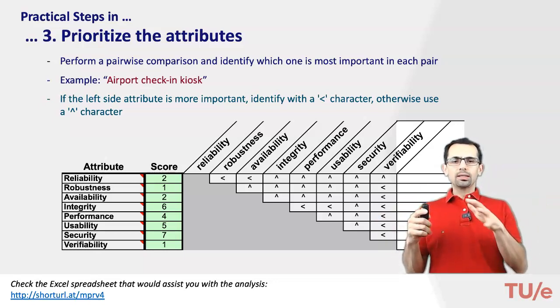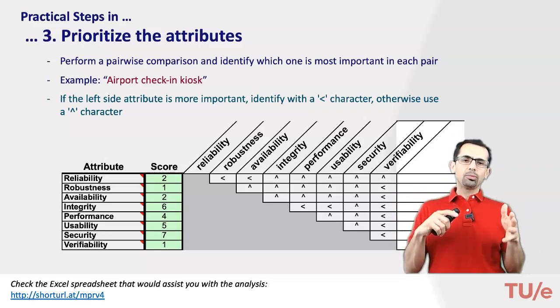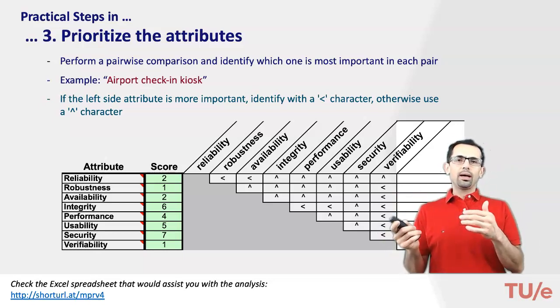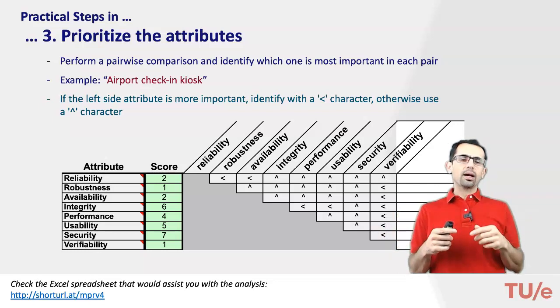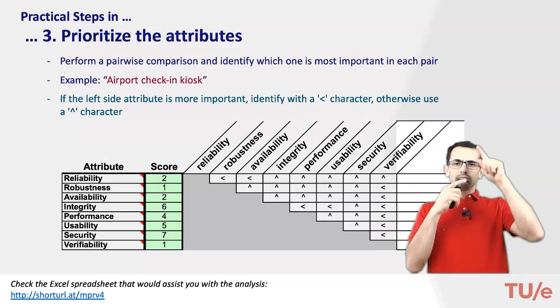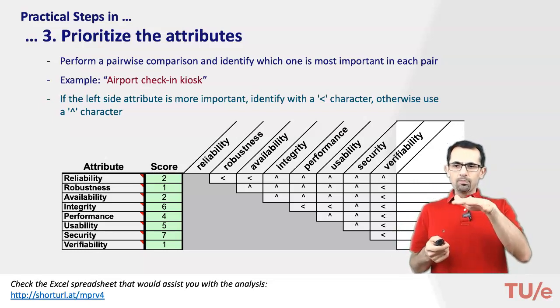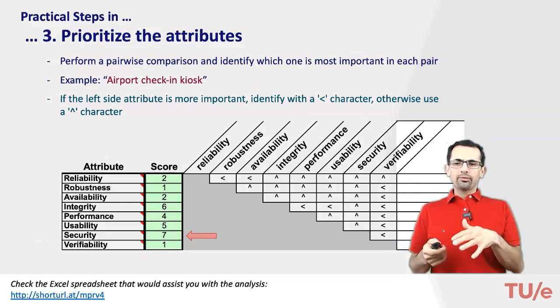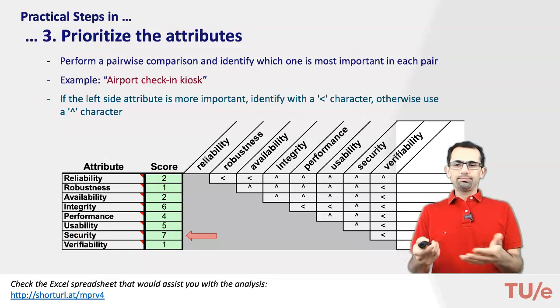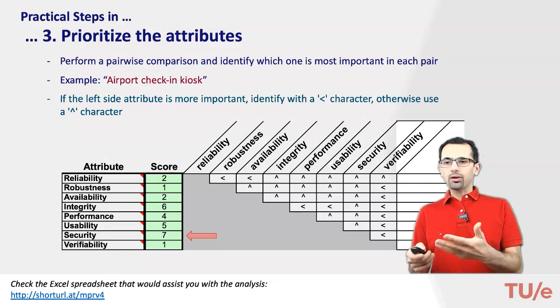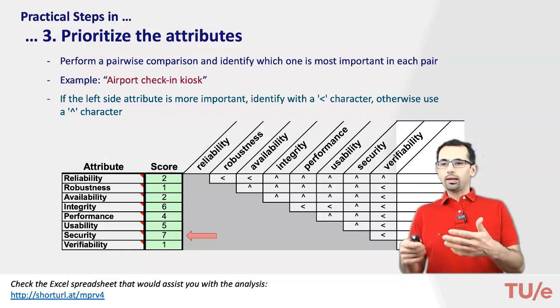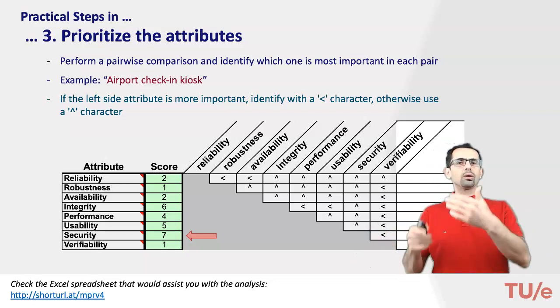And what this says is that if the left side attribute is more important, you identify with this character, otherwise you use this character. It's like here, and based on the results for this particular one, it happens that security is the most important and integrity is the second, and so on and so forth.